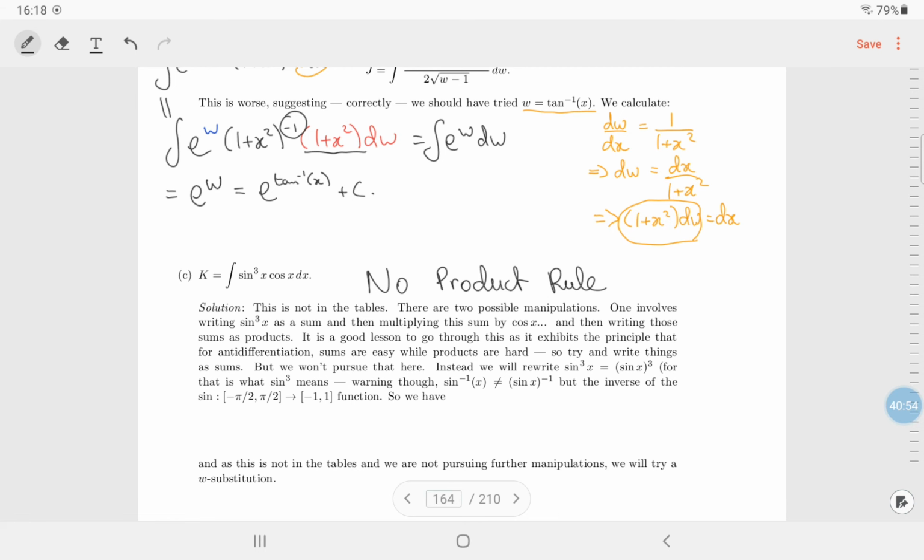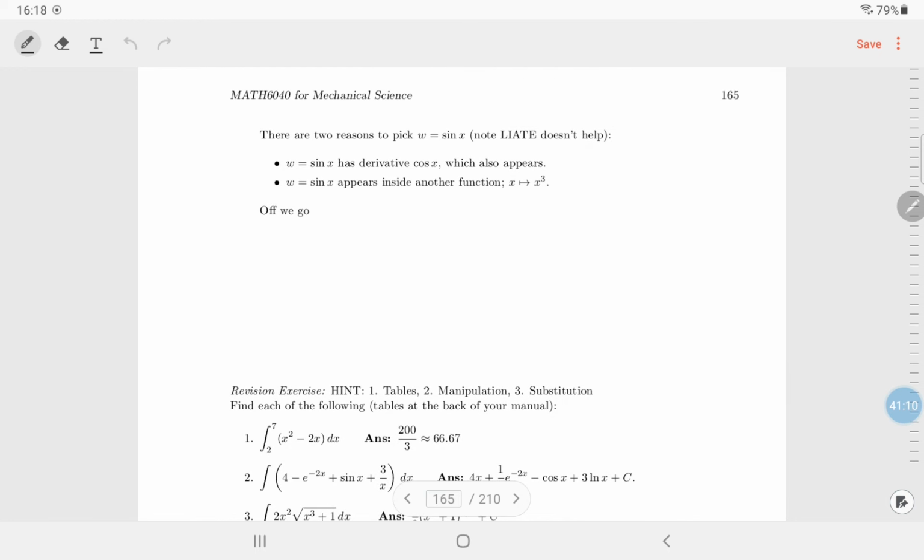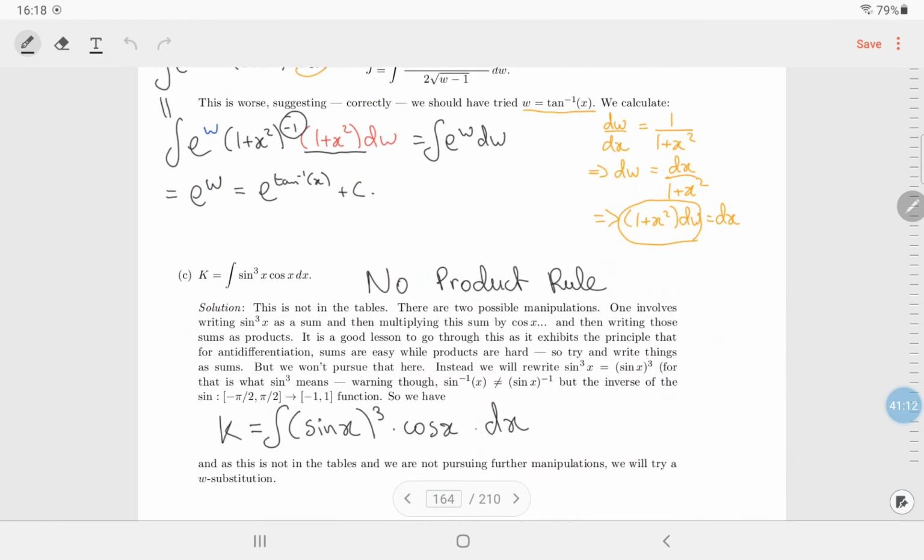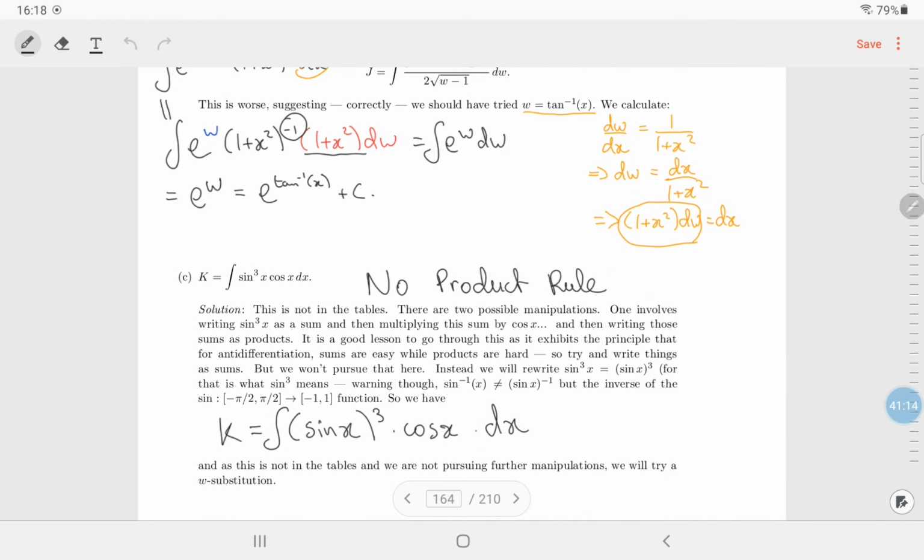Instead, we're going to look at this integral, k, as sine x all cubed cos x dx. We're just going to say there's a manipulation, but maybe that's too hard, or we'll just say we didn't know.